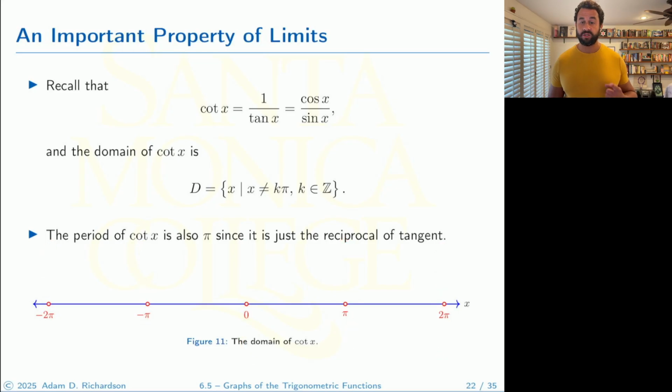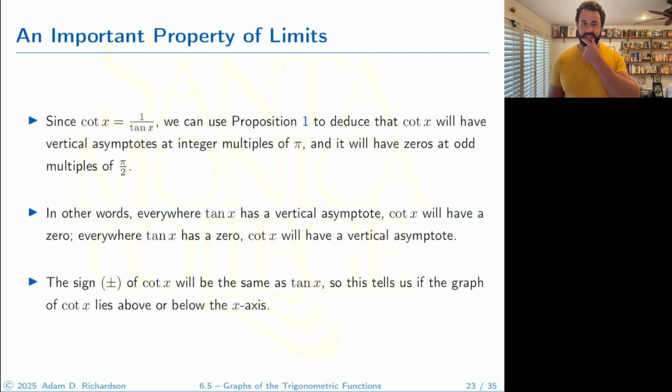Notice these vertical asymptotes are not at the same place as they were for tangent. That makes sense because of that important property of limits. What that property says is, everywhere your tangent graph had an asymptote, cotangent is going to have a 0. And everywhere tangent had a 0, cotangent is going to have an asymptote. I think that's exactly what I say here.